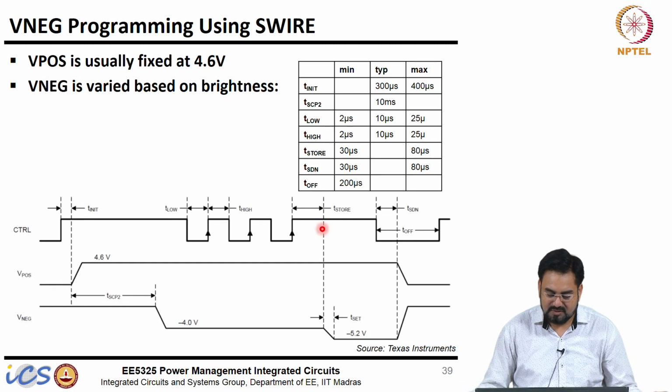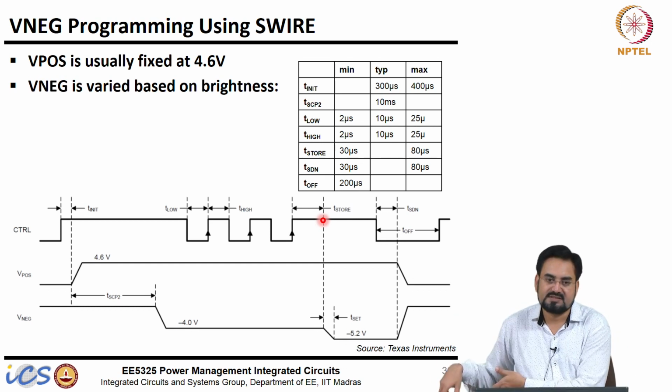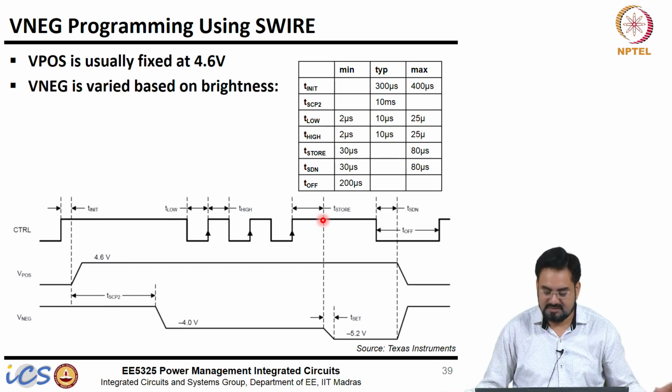Okay. So, let us say you have a counter and you keep counting. Here we have 1, 2, 3 rising edges. After the last edge, you wait for 30 microsecond and see if there are any edges.